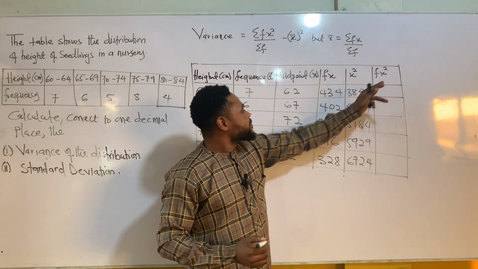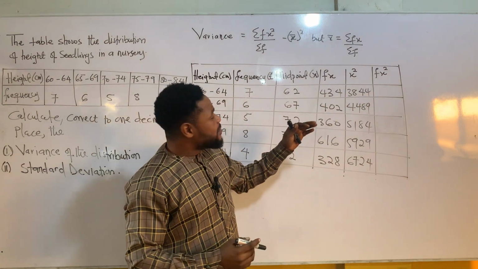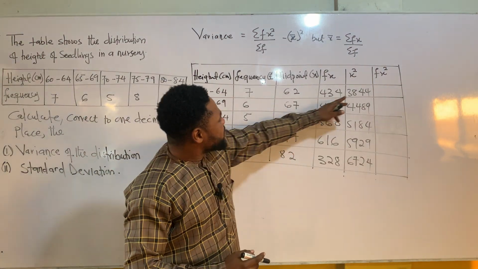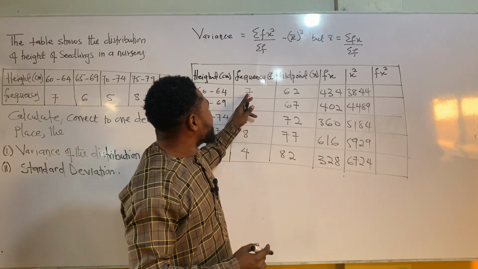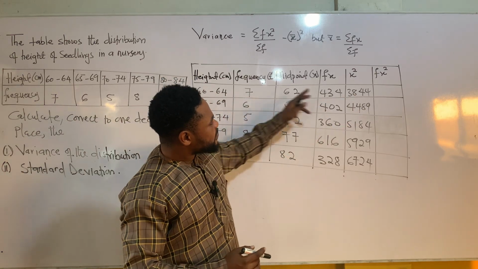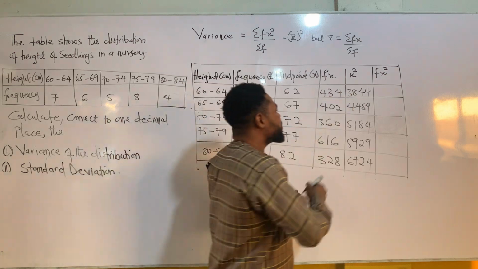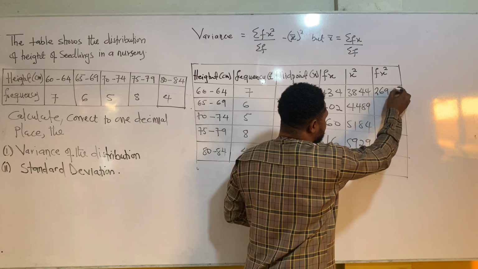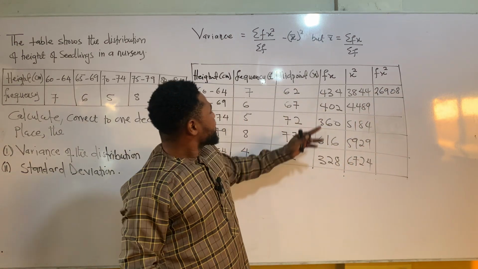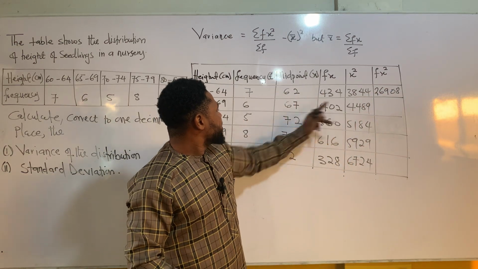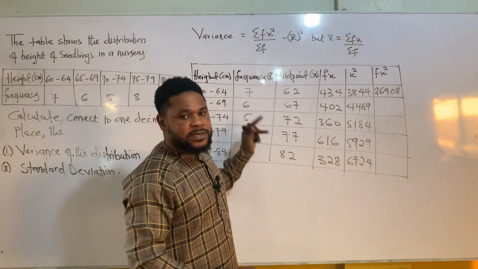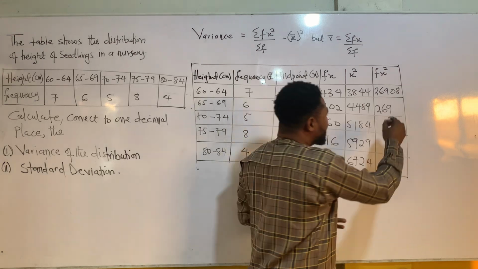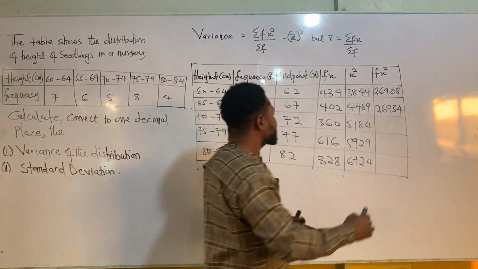All right, let us see how we can get our f multiplying the x squared. Yes, our numbers are huge here, but we'll take it like that, okay? So we are going to use this to multiply this. So 7 times this will give us 26908. All right? This multiplied by this, 26934. Okay?